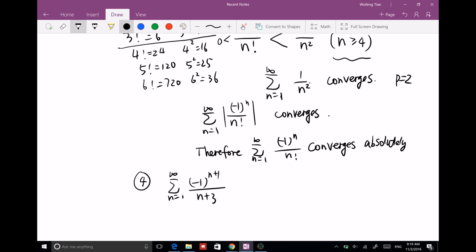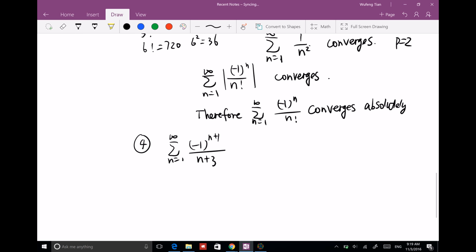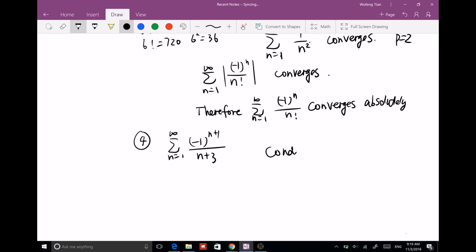All right, I'm going to call a student here. Travis, could you please tell me if this series converges or diverges, or conditionally converges or absolutely converges? Would this one conditionally converge? Okay, conditionally converge. Why?